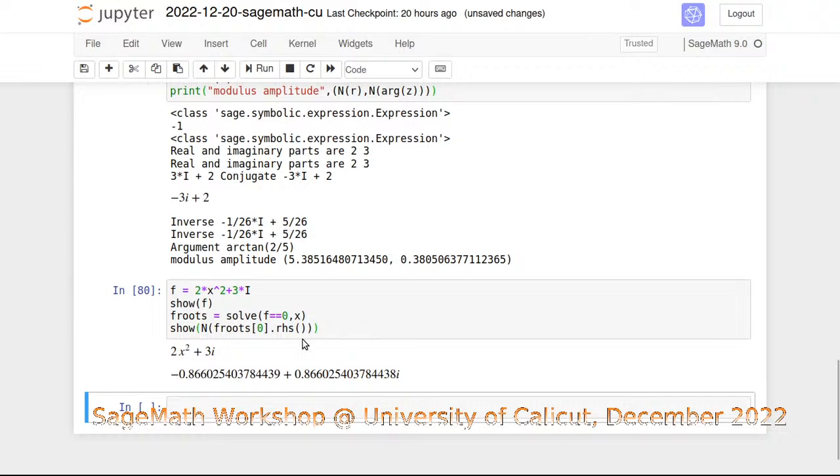Okay, the approximation is anyway working fine. So complex polynomials also can be solved. That's the only thing I wanted to say.